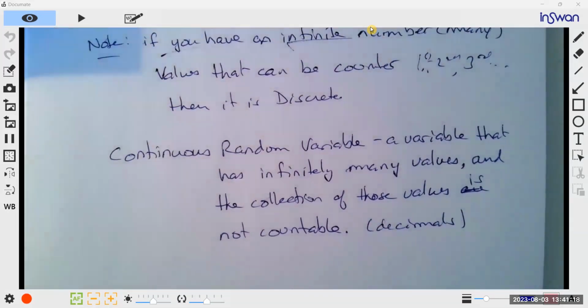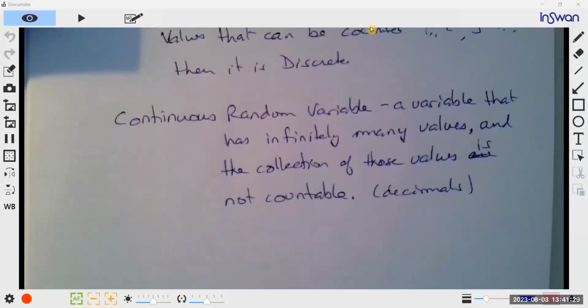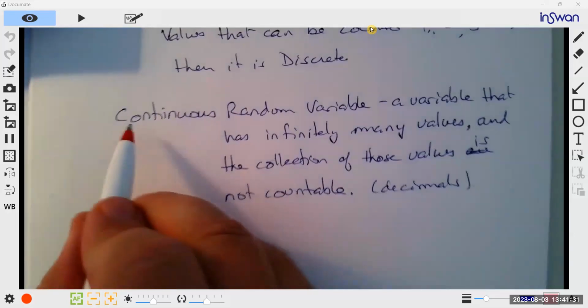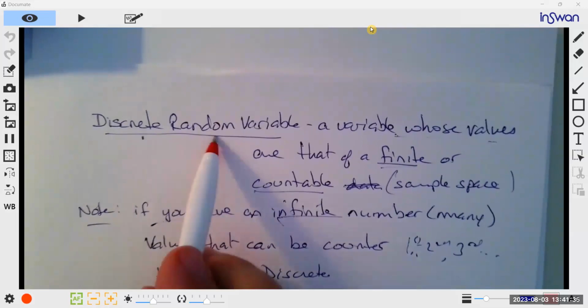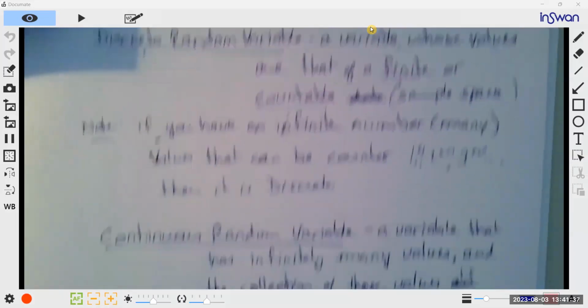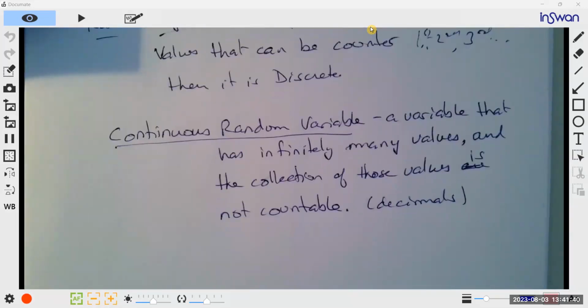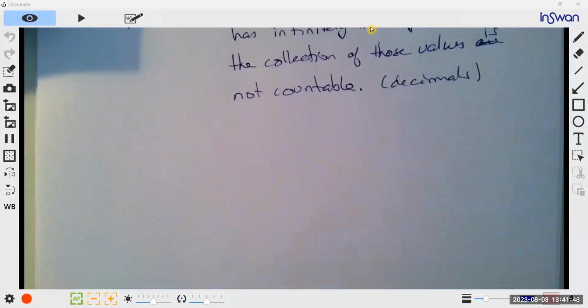Basically, we're looking at decimals, because between 0 and 1, there are an infinite number of numbers. So chapter 5 will deal with discrete, and the rest will deal with continuous. We first have to look at continuity of numbers and how they can relate to each other.